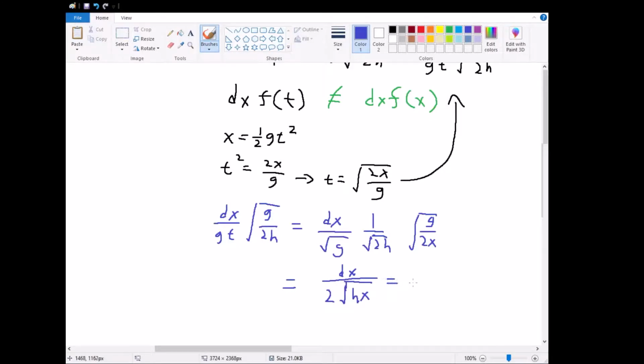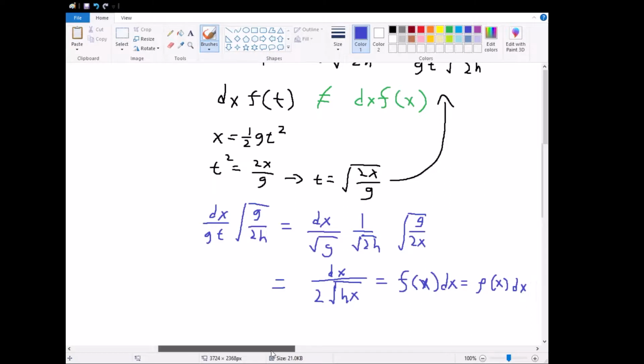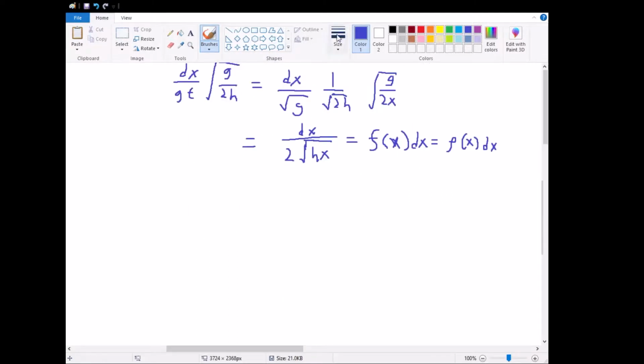So this equals f of x dx. And this is the exact form we need, so we actually do have rho of x dx now. From here, we can just plug this in, because we already know the form for our solution.